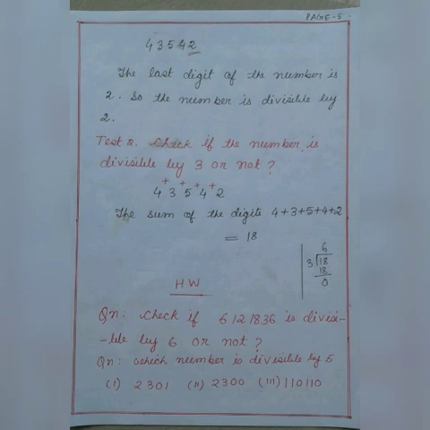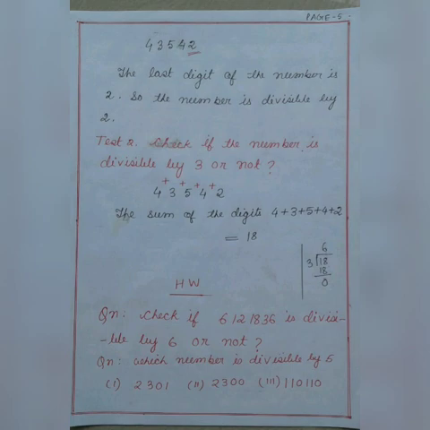If we add 4, 3, 5, 4, 2, we get 18. Now I have divided 18 by 3. It is 6 and there is no remainder.